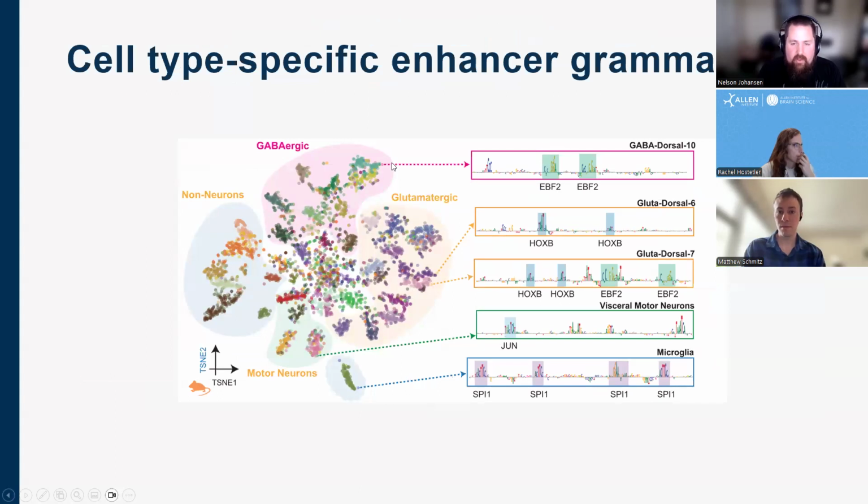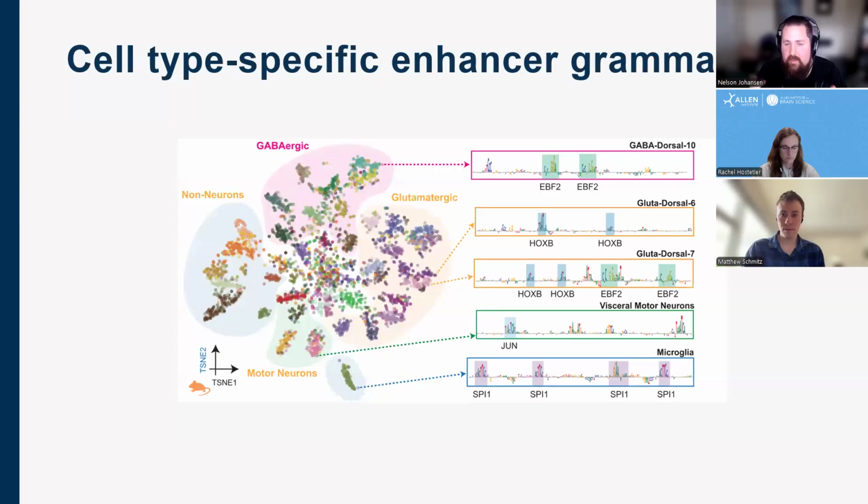So from all these beautiful types we've defined, I'm using the old names here. That's a mistake on my part. We can ask the question for, say, the GABA dorsal 10 group from Yadav et al.: what motifs are inherent to peaks that mark that cell type? And EBF2 are present in the DNA underlying marker peaks of GLUT dorsal 10.